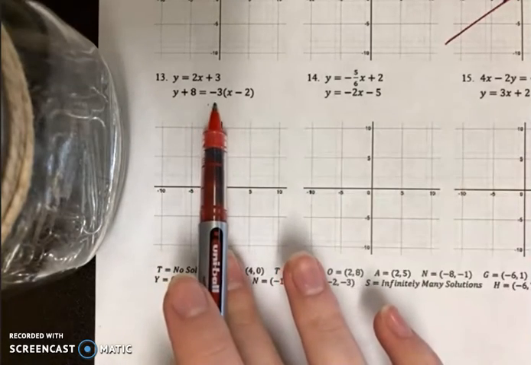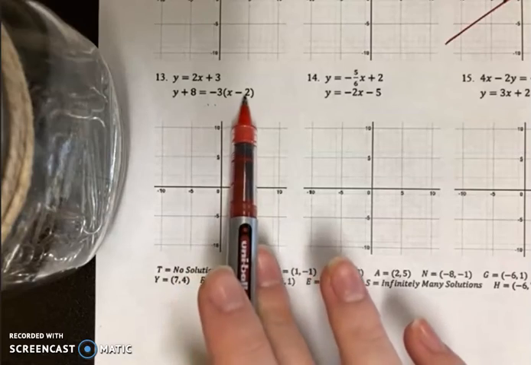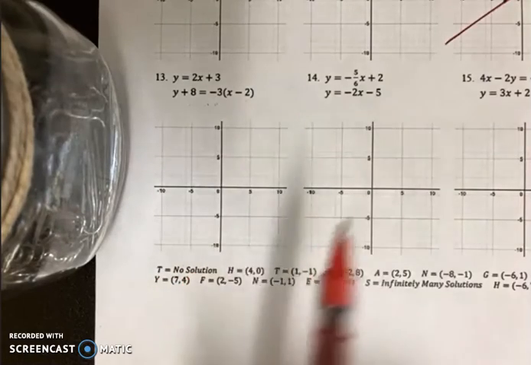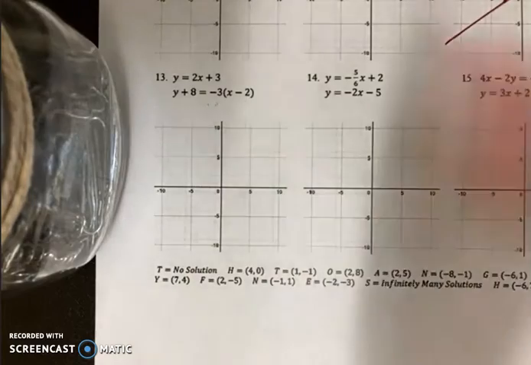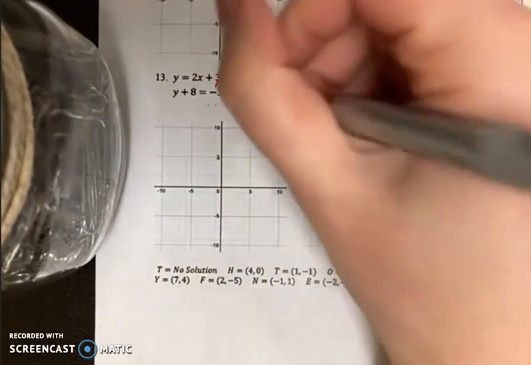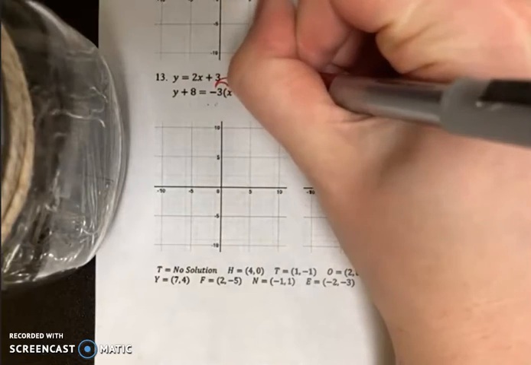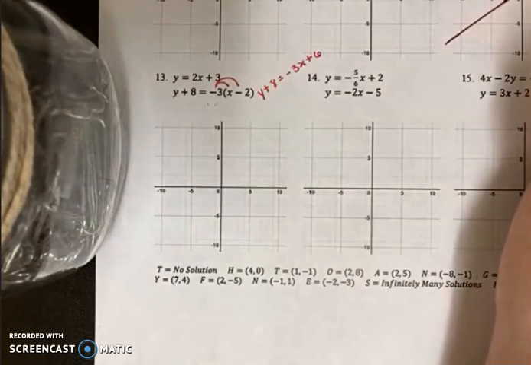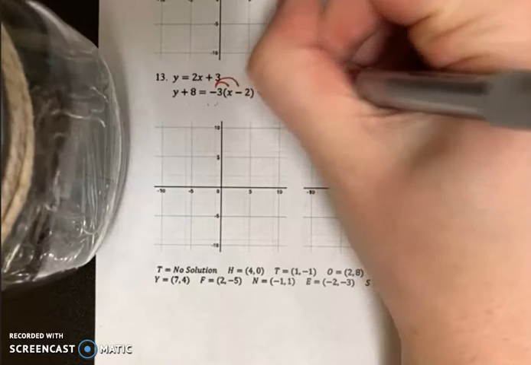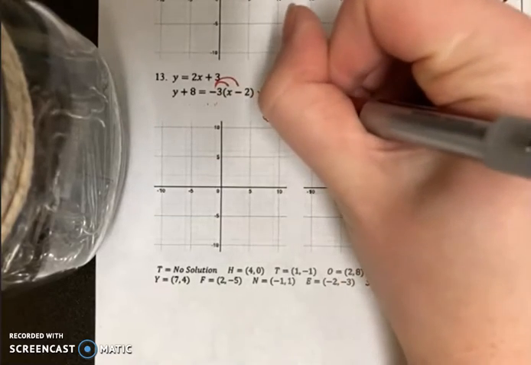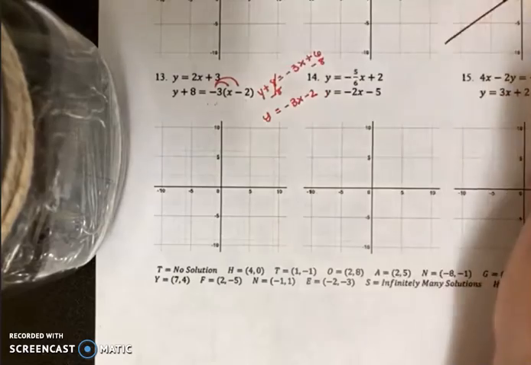If you want to use point-slope, go for it. It just means you get the point. So our point is going to be 2, -8, and then our slope is -3. I would go ahead and just distribute the -3. So I have y plus 8 equals -3x plus 6. And then subtract 8. So y equals -3x minus 2.